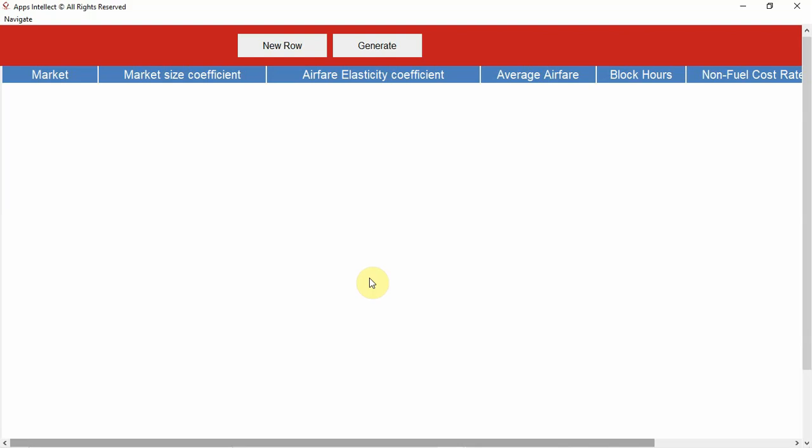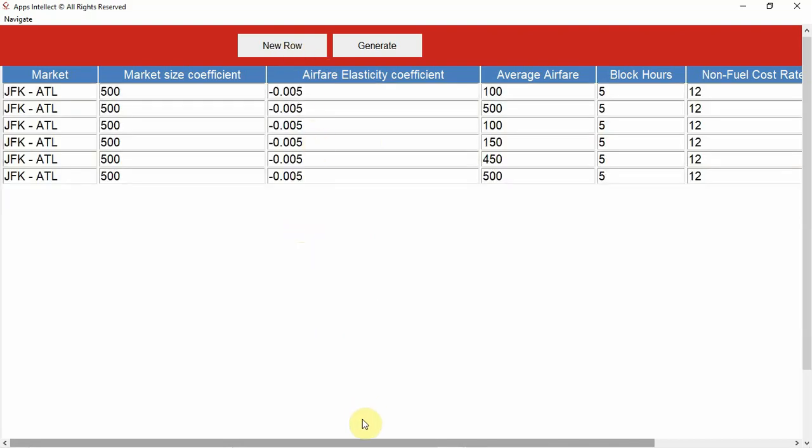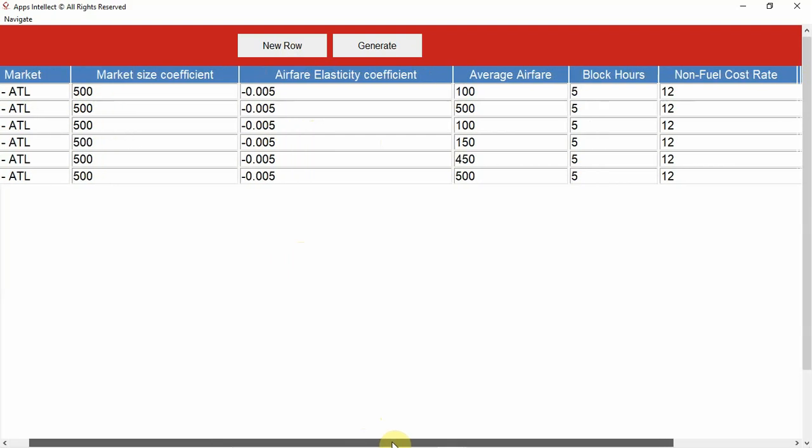We'll first look at it the same way. This is in the developer's mode, so we just click on the new row. All the data will be put in, and then we'll generate a report and do the final analysis. What exactly does this output say? So we'll click here. This is the data input.